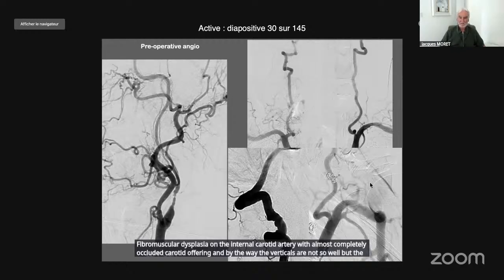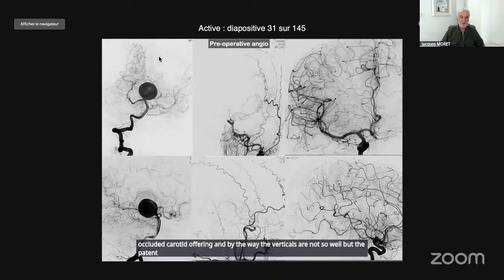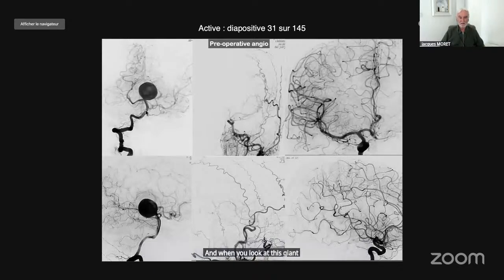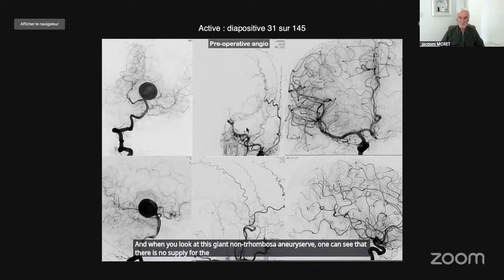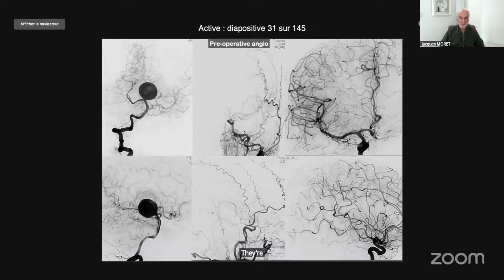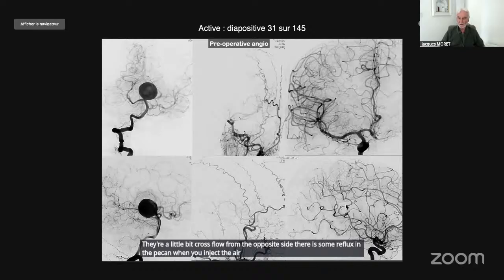So potentially there is some flow. And when you look at this giant non-thrombosed aneurysm, one can see that there is no supply from the carotid because it's almost completely gone due to the fibromuscular dysplasia. There is a little bit of cross flow from the opposite side. There is some reflux in the PCOM when you inject the vertebral artery.